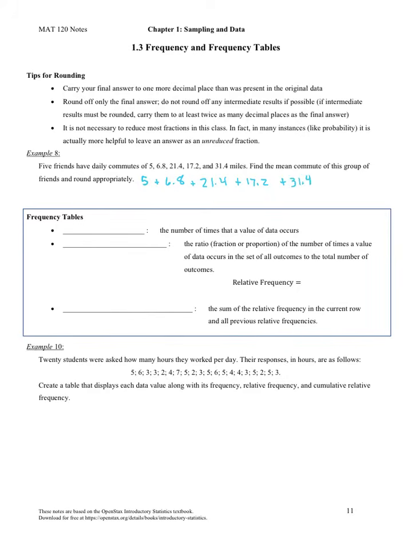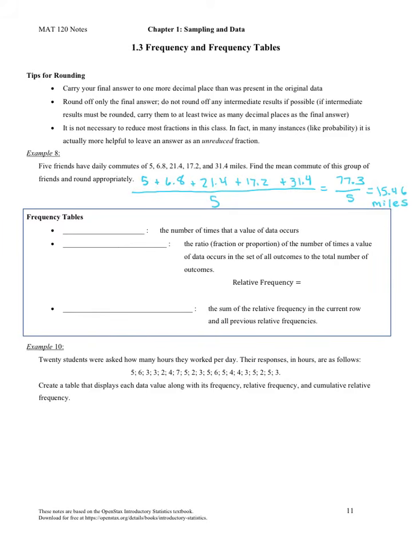And we'll divide by the number of pieces of data, which is 5. We'll have a mean commute time of about 15.46 miles.